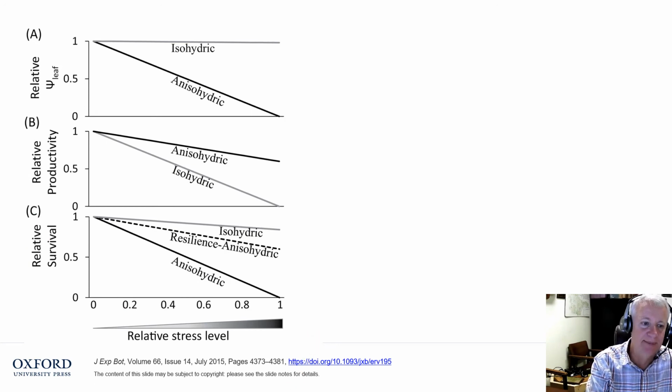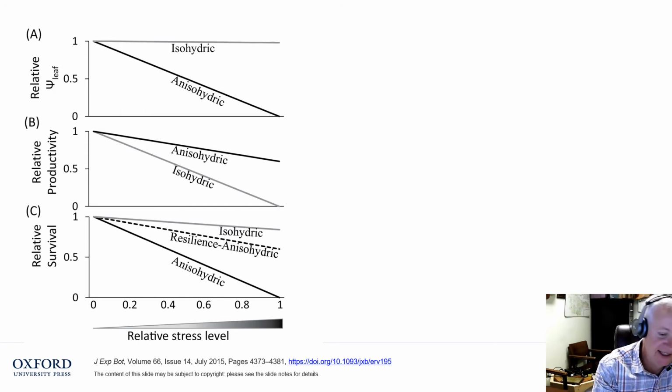When we think about patterns of response to increasing soil water deficits, or more negative soil water potentials, scientists have classified plants into two broad classes in terms of what those responses look like: isohydric and anisohydric.